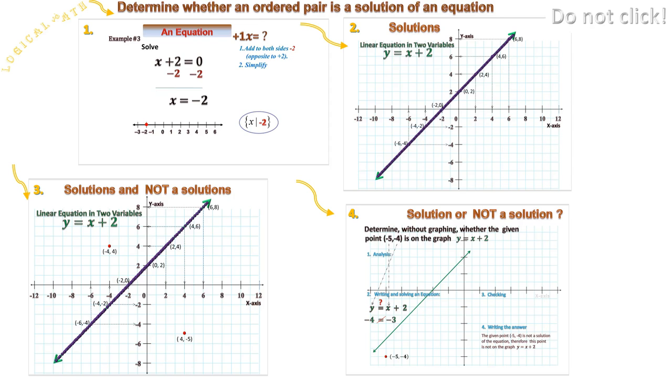We have two options. The first one is to graph, and if the point is on the graph, then this is a solution. Second option, we can use the equation: we replace x and y by the corresponding numbers and check, is the left side equal to the right or not? If it's equal, then it's a solution. If it's not, it's not a solution.